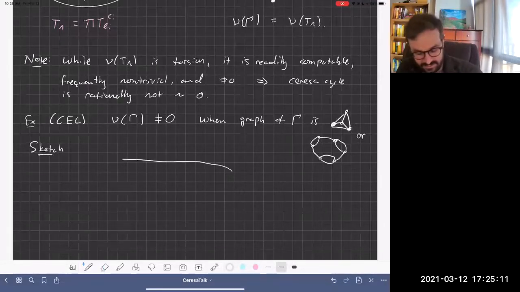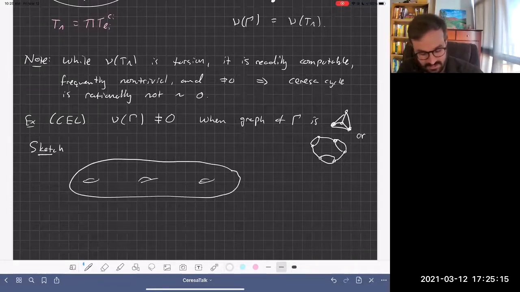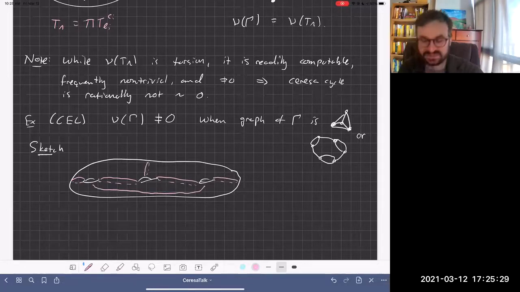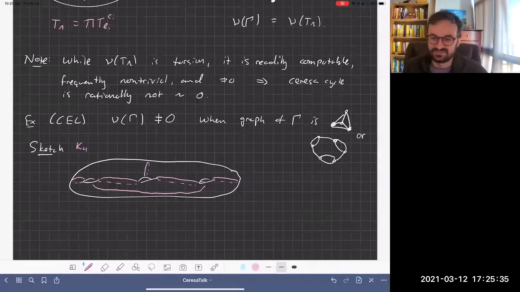So the idea is, let's draw our multi-twist in a way that makes it look a little better for the hyperelliptic involution. This is for K4. Any arrangement of multi-twists whose dual graph is a K4 will look something like this.